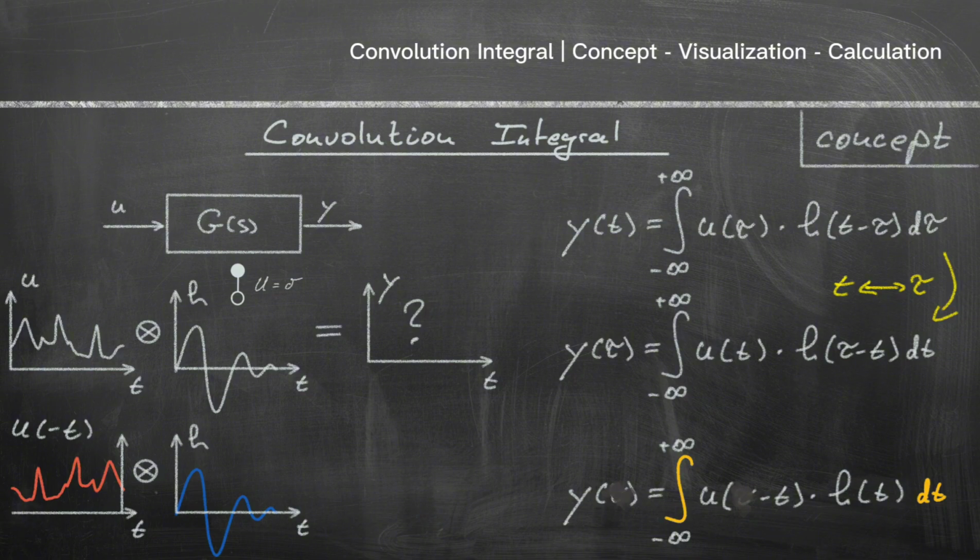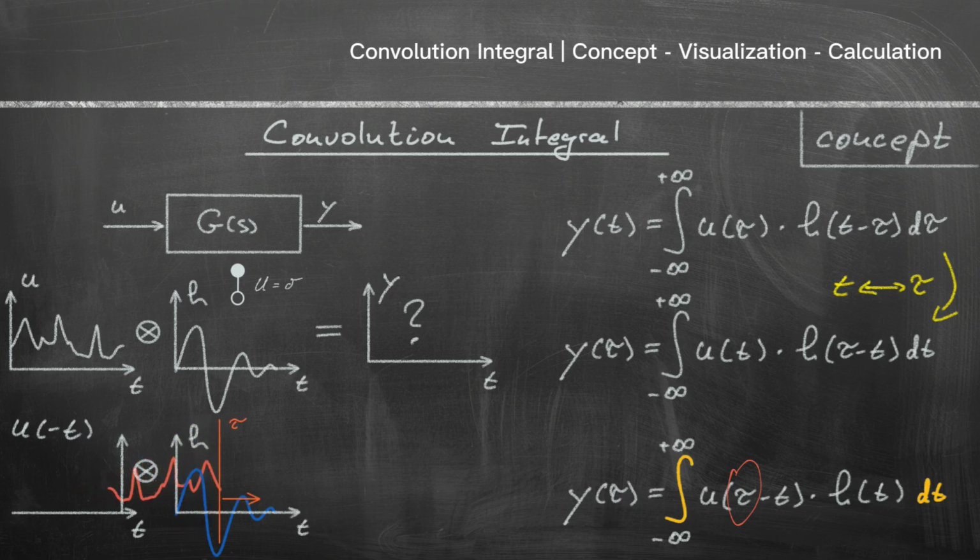Now the variable tau comes into play. Tau is the shifting variable. We have tau inside u of minus t, meaning that by increasing tau, we slide the mirrored input signal across h of t. After each step of tau, we evaluate how much the two signals overlap. So, tau moves forward.